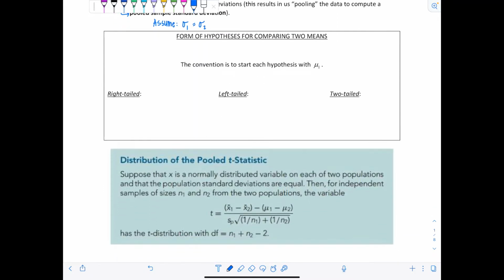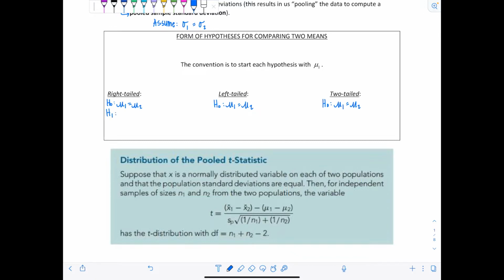If you have a right-tailed test, the null is the same for all of these: mu1 equals mu2. That's the same for left-tailed and for two-tailed. That's always the same. Alternative, I'll put H1.